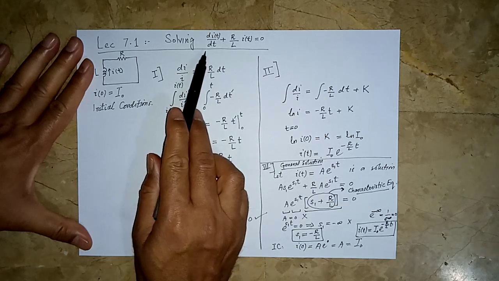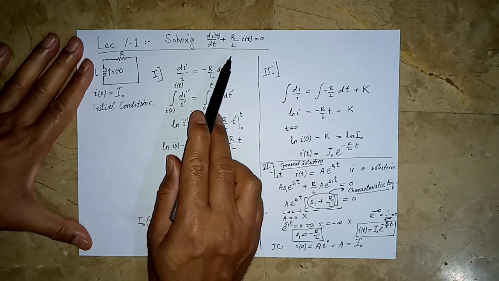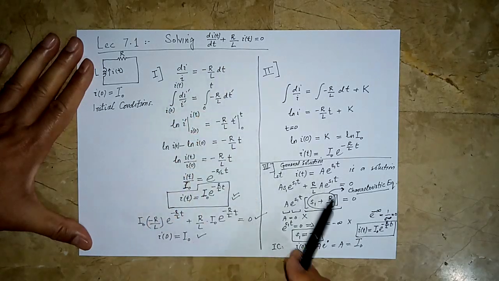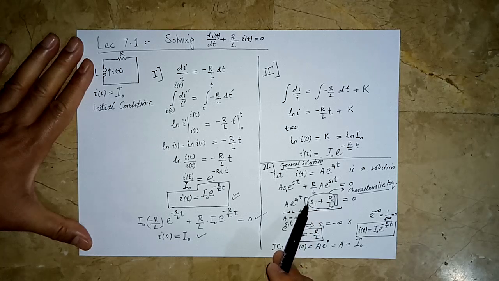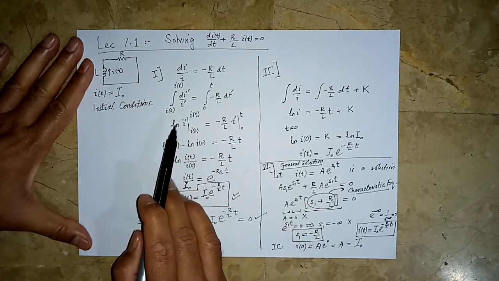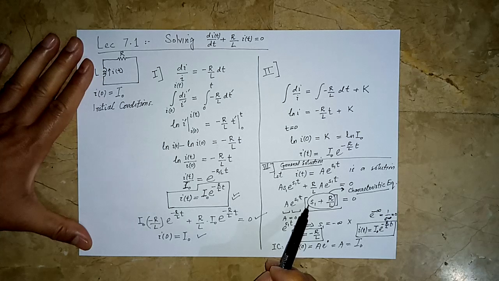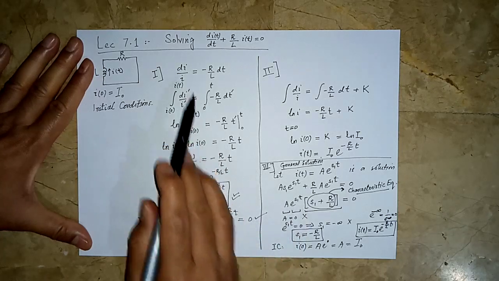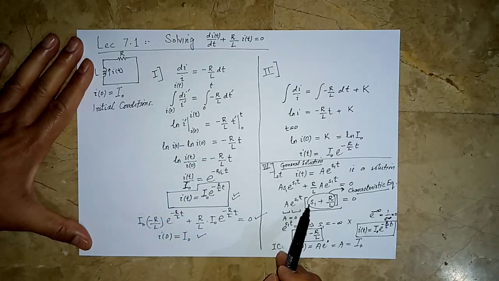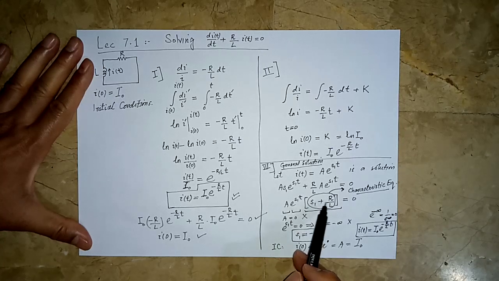We have the derivative here and we have this here. So look at this form. We have 1 here, the coefficient of di by dt term, and di by dt is replaced by s. Let us forget this subscript 1 for now.